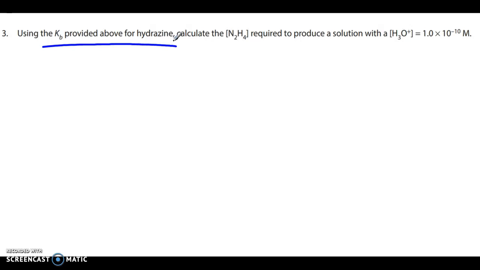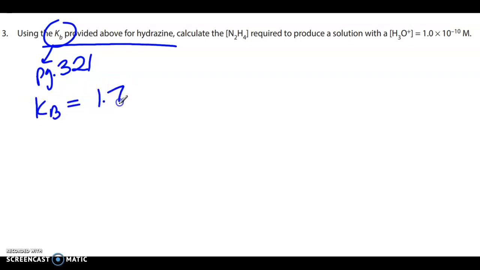Okay, it must be in one of the provided, oh yes, hydrazine. The Kb is on page 321 at the beginning, in question number 1. Hydrazine, the Kb, they give it to us as 1.7 times 10 to the negative 6.